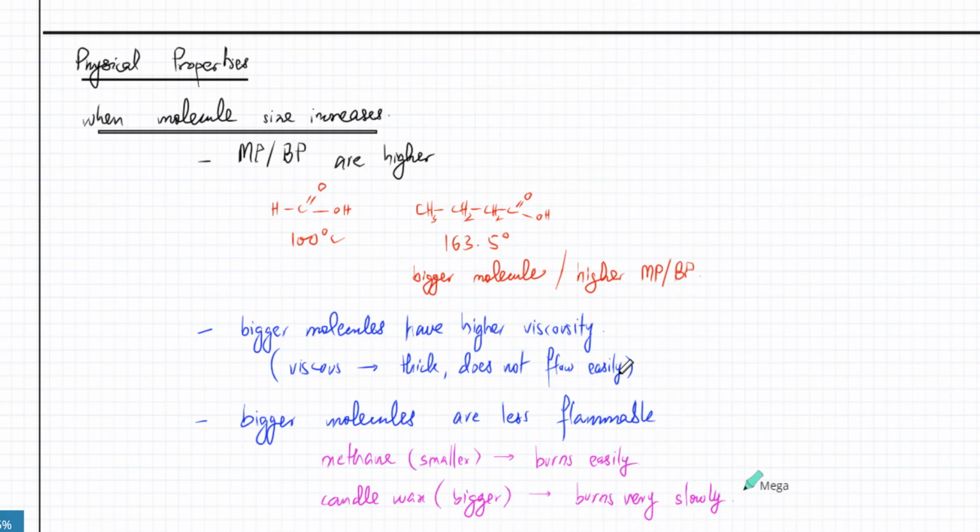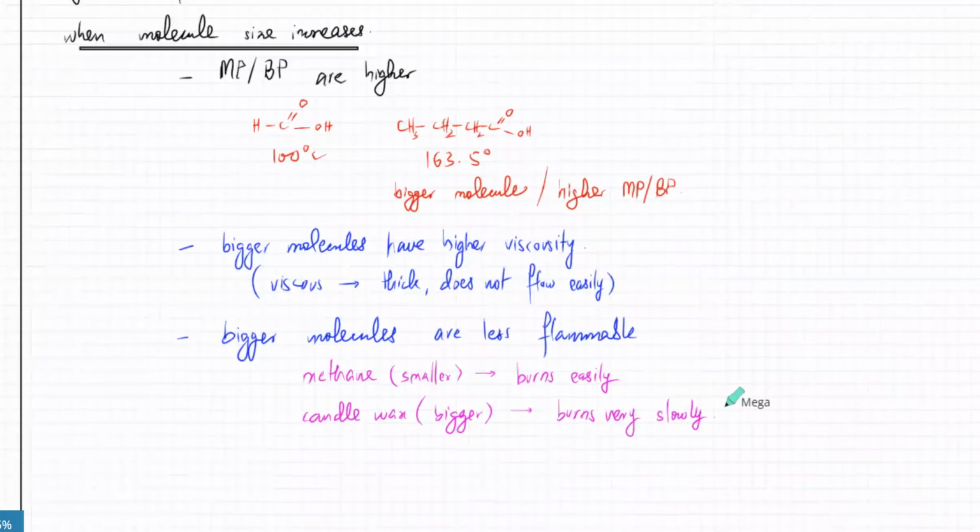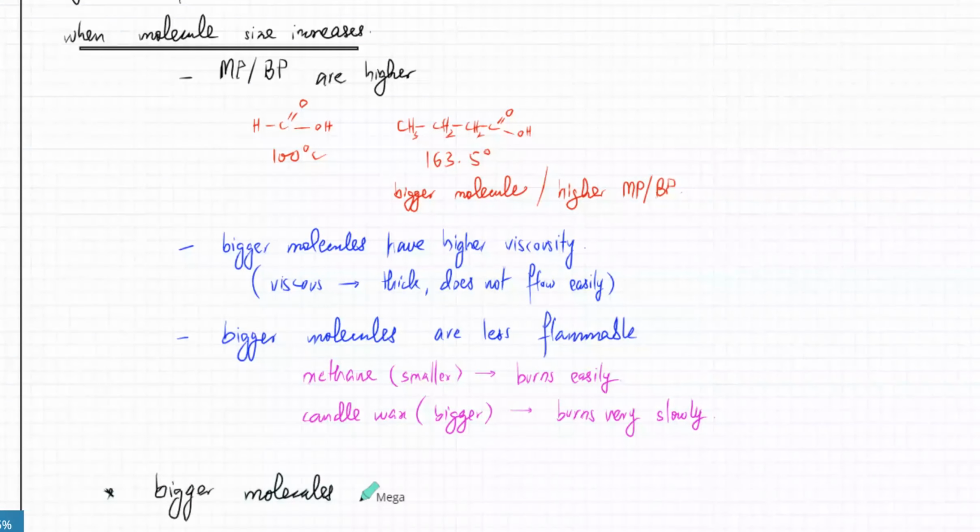So bigger molecules are not very useful, because the number one use that you have for hydrocarbons is energy. So remember this point, that bigger molecules tend to be less useful, and they don't tend to be a good source of energy.